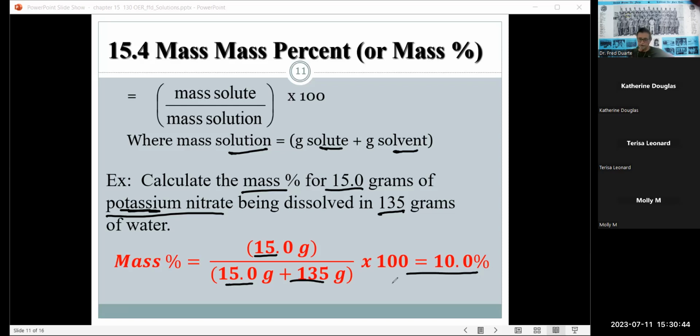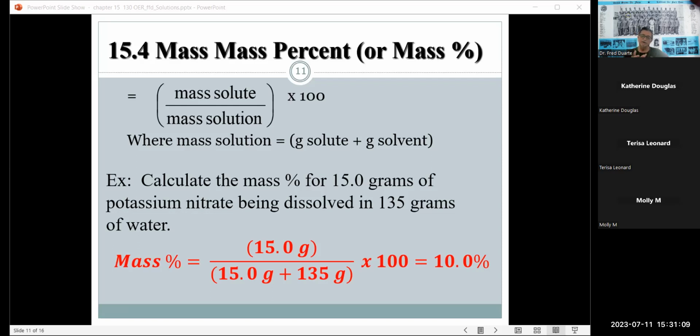If we take 15 grams of potassium nitrate, the solute, and we add it to 135 grams of water, we've got a 10% solution. And that's the straightforward type of calculation. You're given the weight of the solute, the weight of the solvent, and you just plug in the numbers and you're good to go.